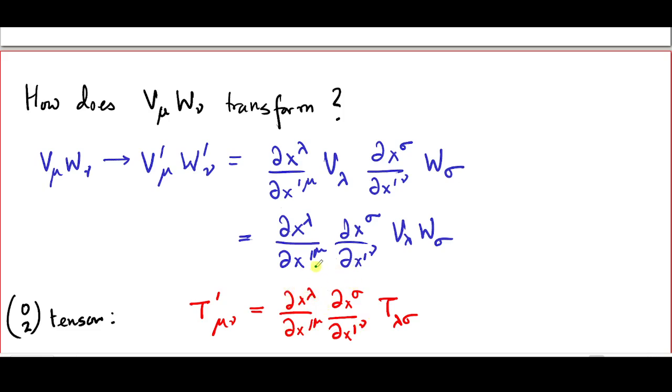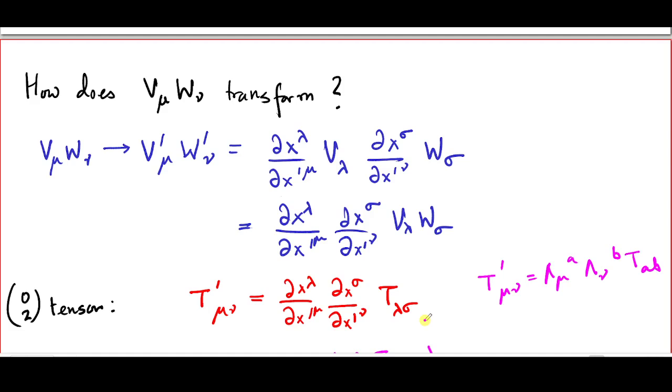Each of these are covector transformation coefficients, del x lambda del x prime mu, del x sigma del x prime nu. Just to remind you that in the linear case, what you would have obtained here would be something like T prime mu nu is lambda mu A, lambda nu B, T A B. Of course, I have called the dummy indices A and B for this, whereas there were lambda and sigma here, but that of course doesn't really make a difference, these being dummy indices.